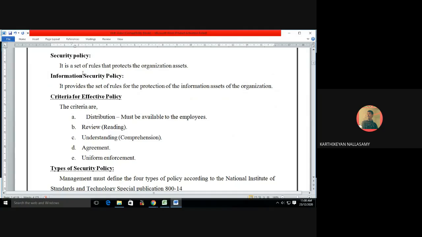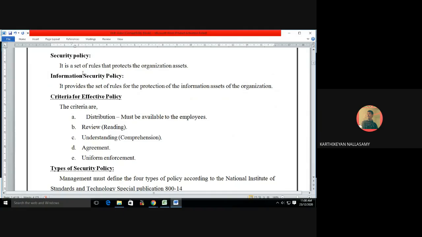Next, everyone must understand it, so it must be comprehensible. Also we need an agreement: every employee must agree to the acceptable and non-acceptable procedures. And we must uniformly enforce this policy on all the members of the organization.